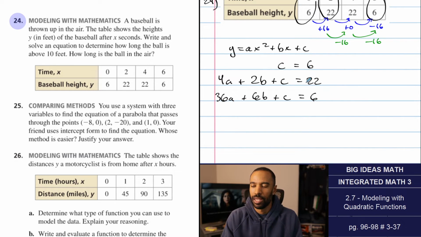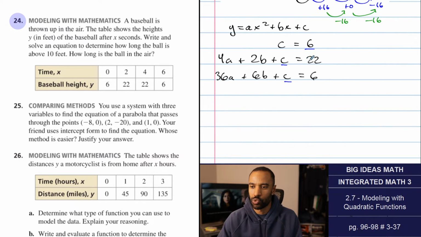Now that we know c is 6, we can substitute in for c right here and right here, and let's make that system of equations work. If this is 6, I can subtract it over and get 16, so I get 4a plus 2b equals 16. And over here, if c is 6, 6 minus 6 is 0, so we get 36a plus 6b equals 0.